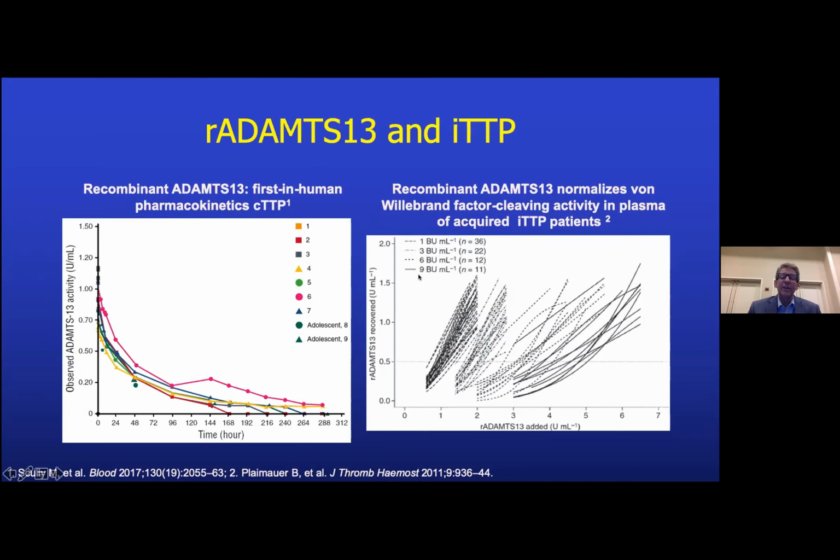So the higher the number, the higher the strength, if you will, of the inhibitor. And what you see is the stronger the inhibitor, you might require more of the recombinant ADAMTS13 activity, which makes sense. But certainly suggestive data that you could potentially treat patients with immune-mediated TTP with this recombinant ADAMTS13.